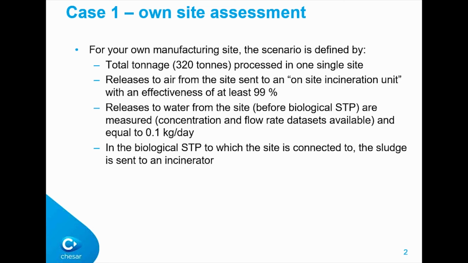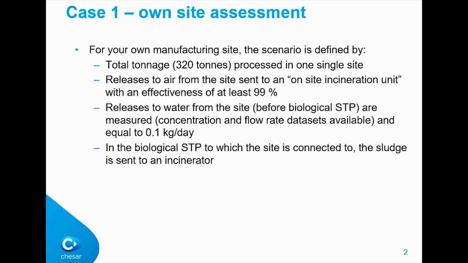A total tonnage of 320 tons is processed in one single site. Releases to air from the site are sent to an on-site incineration unit with an effectiveness of at least 99%.